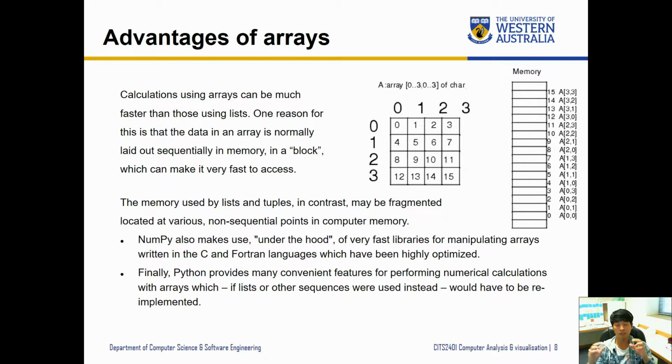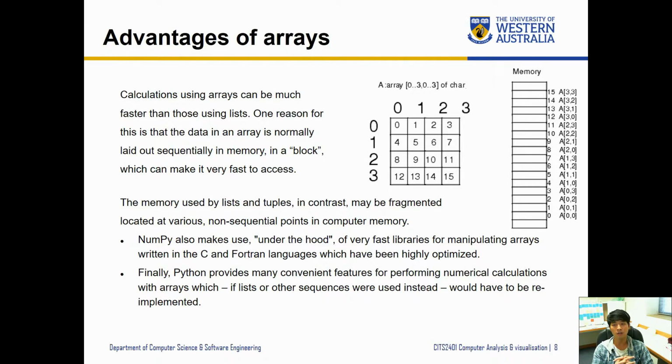Lists are stored in memory space where each container has its own reference, but they're not necessarily next to each other. Therefore, you still have to go through and find individual references to retrieve the value. In that sense, it can be quite slow, especially when we're handling large lists.